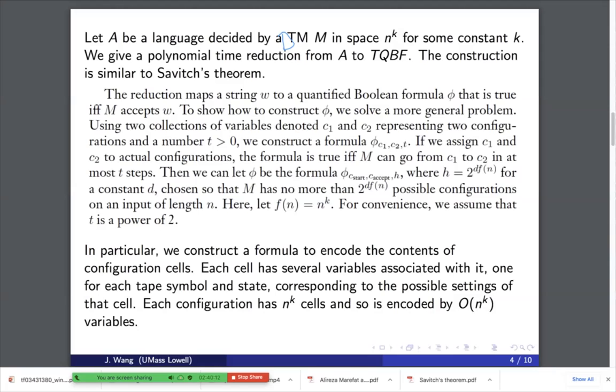Then, of course, we replace C1 with C start and C2 with C accept, and T is 2 to the d f of n for some constant d, because of space. As we said earlier, if you have space f of n, then the total number of different configurations is at most some constant c to the f of n.